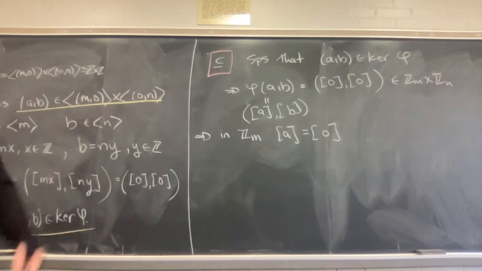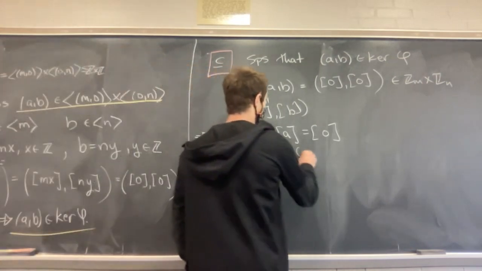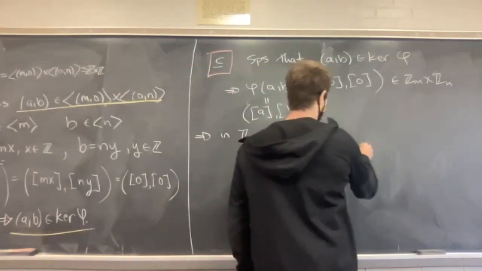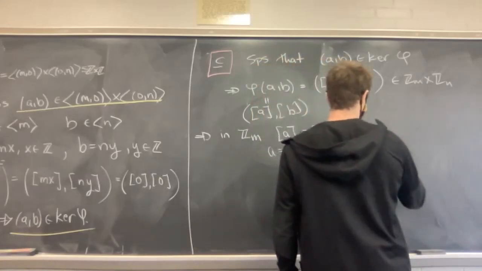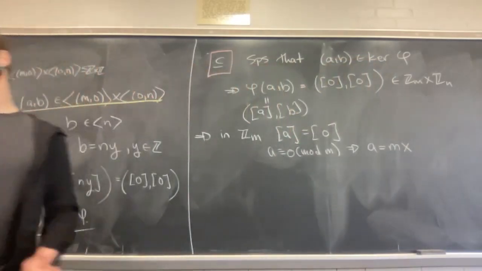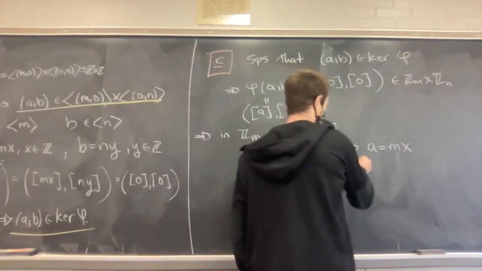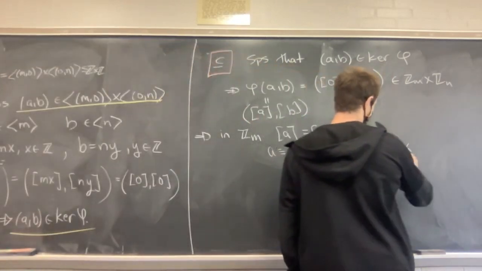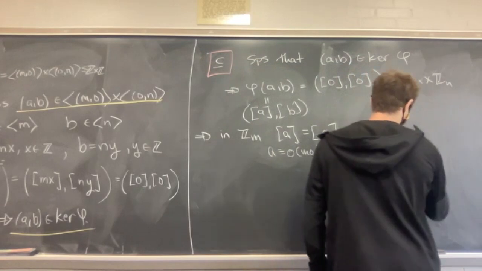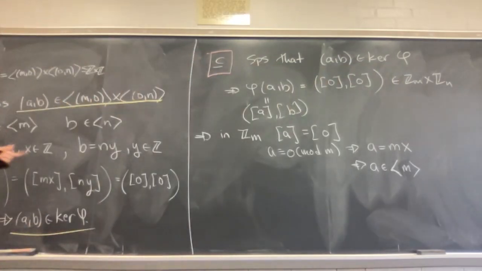But that means that A is congruent to 0 mod M, which means that A is a multiple of M, it's equal to mx, right? So being congruent to 0 mod M means that you're divisible by M, which means you're a multiple of M, but that means that A is inside of the cyclic subgroup of the integers generated by M. So we're just sort of doing this in reverse because it works the other way as well.